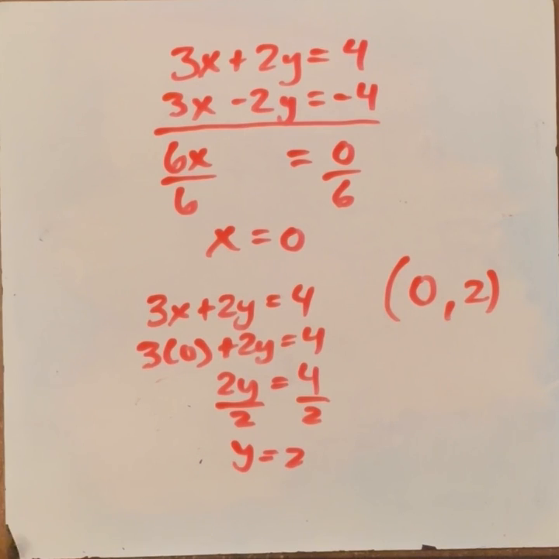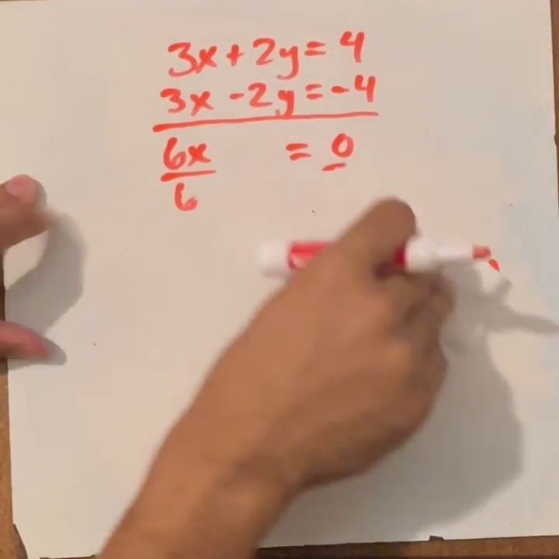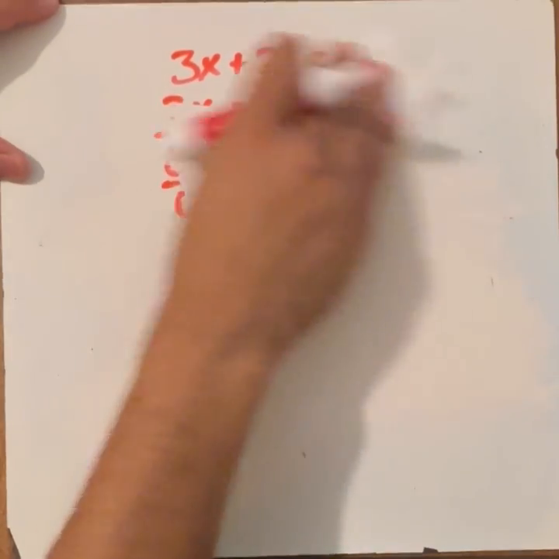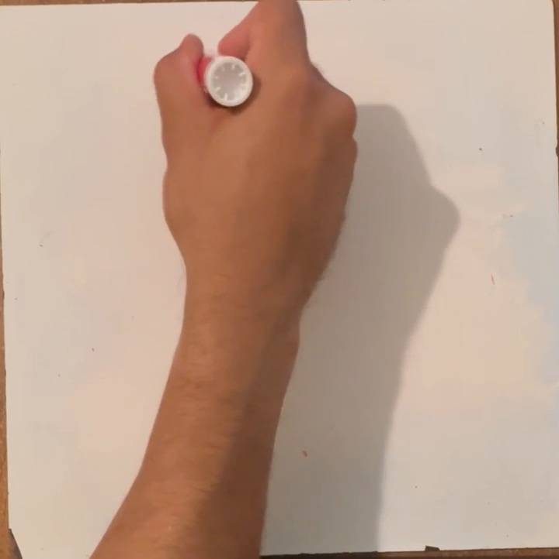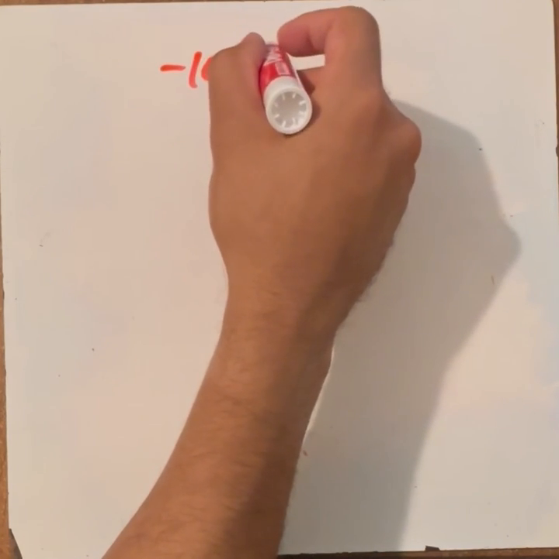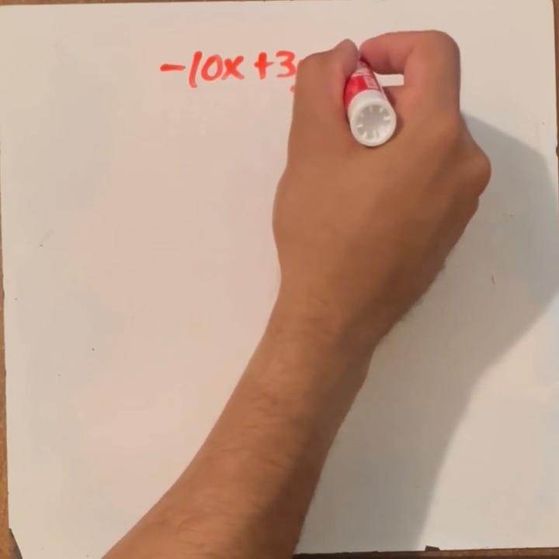Alright, let's go and take a look at the next question. Sometimes, in order to eliminate a variable, we'll have to change one of the equations. So let's say that the equations that they give us is negative 10x plus 3y equals 1.